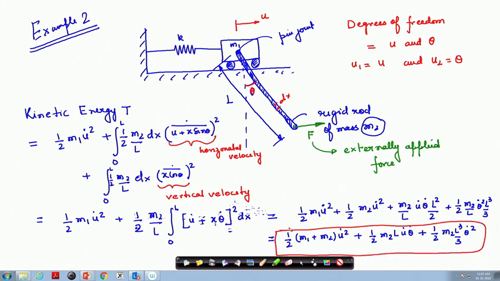Of the entire system. Now let us find out the potential energy.